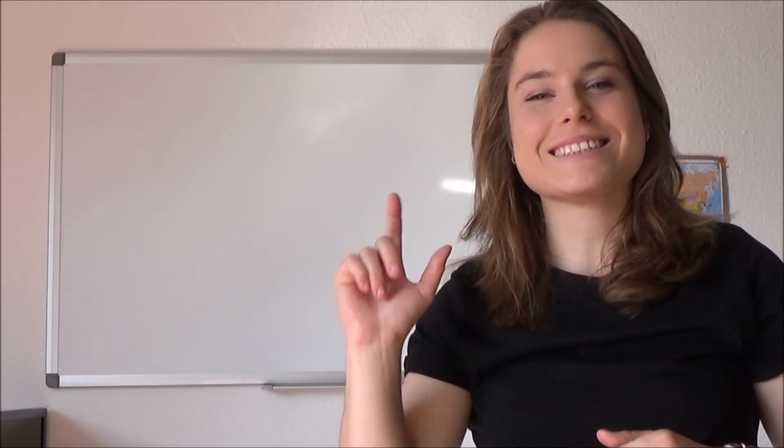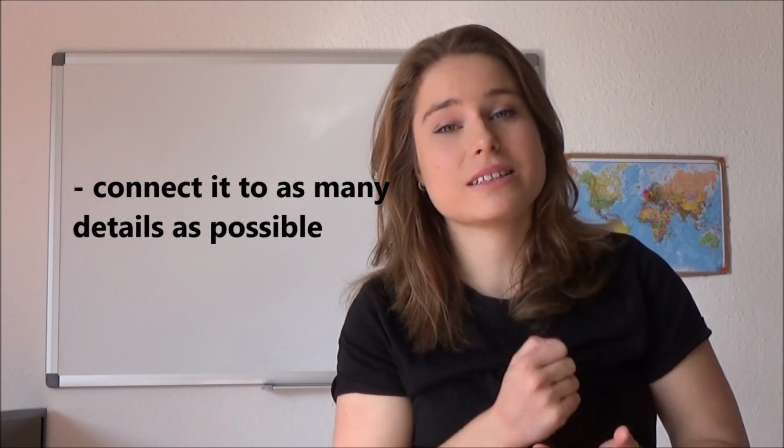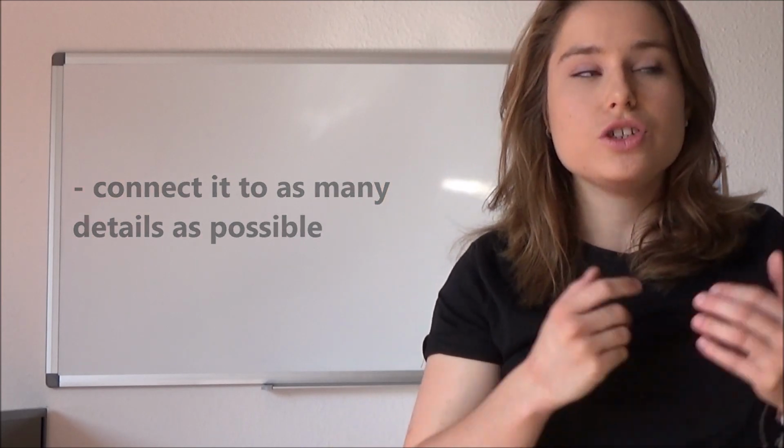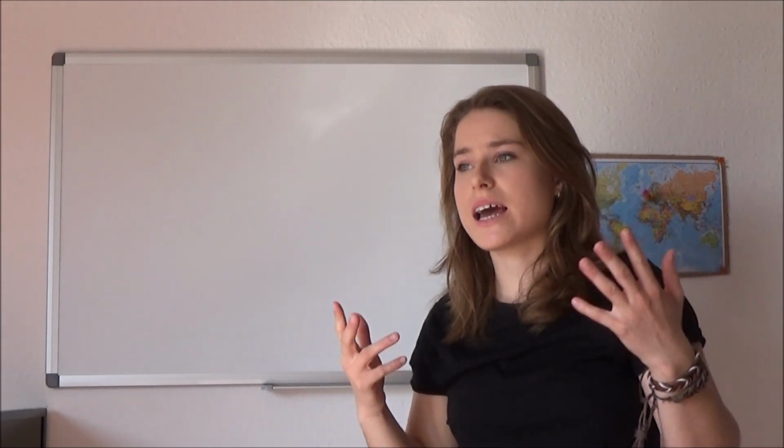Okay, and the second tip is just connect it to as many details as possible. As I already said, but I really want to make this a little bit more concrete here. Use pictures, use colors, use sounds, use music, everything, you know, just as many details.